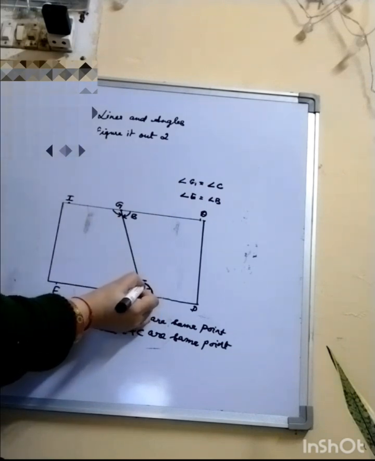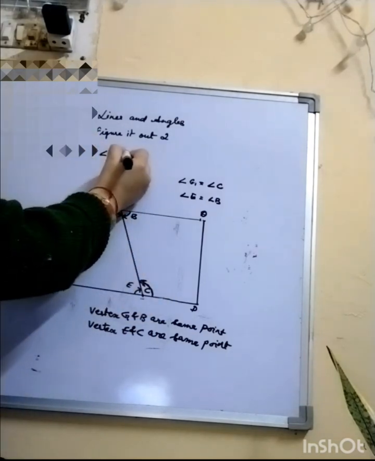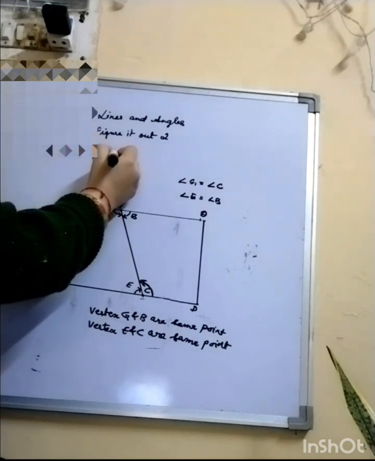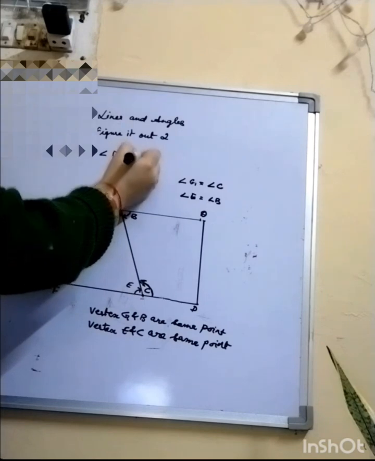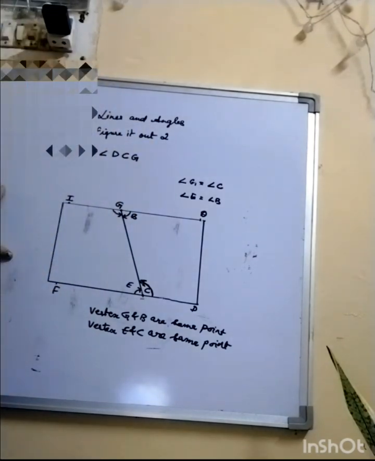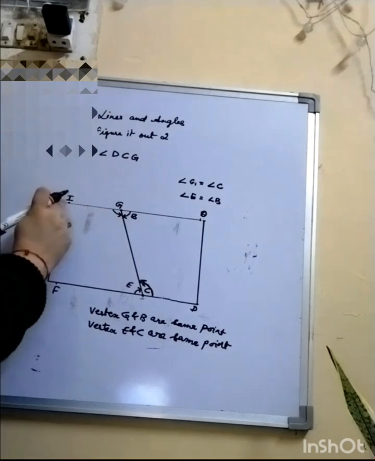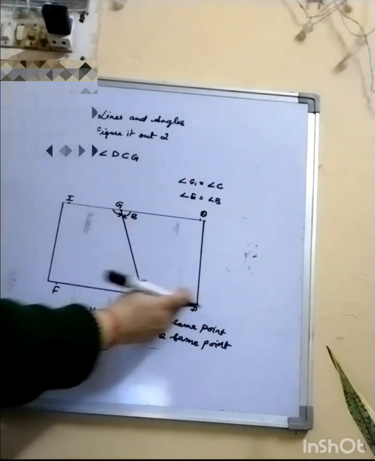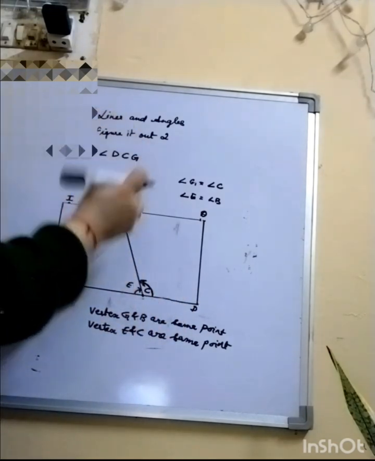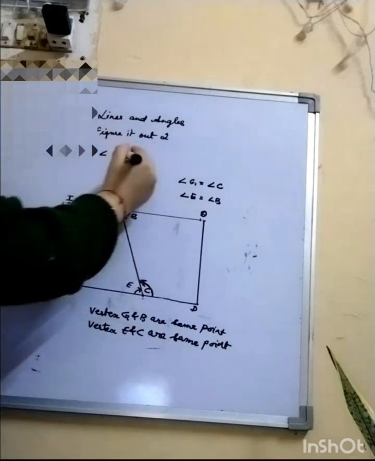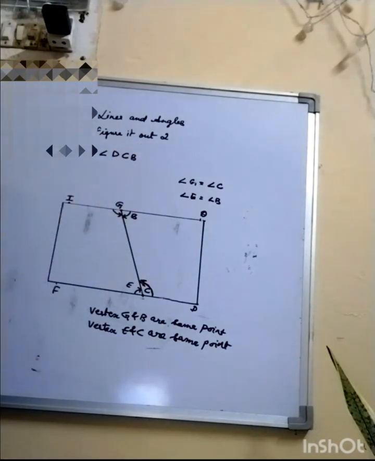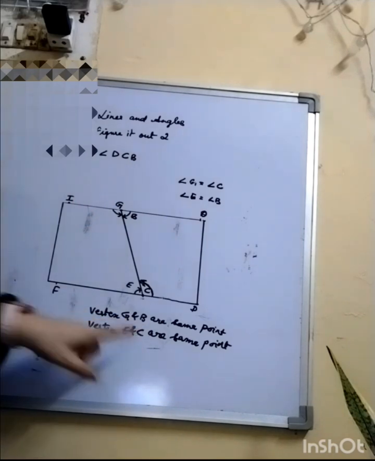Angle C. How would you name it? With C as the vertex, DCG. So this is my observation that angle IGE is equal to angle DCG, or B, whatever you want to say. It can be B also or it can be G also. You can say any one of them because G and B are the same and E and C are the same.